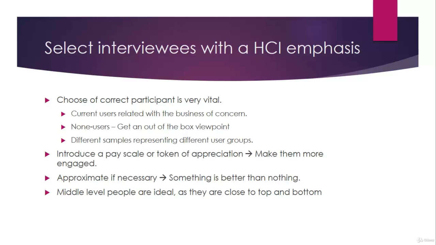Then different samples representing different groups can be interviewed. As I already mentioned, direct stakeholders who are liaising with the business operation, and indirect stakeholders like customers, then the owners of the business from their perspectives, and relevant government regulatory bodies. Likewise, you can come up with a sort of onion model.